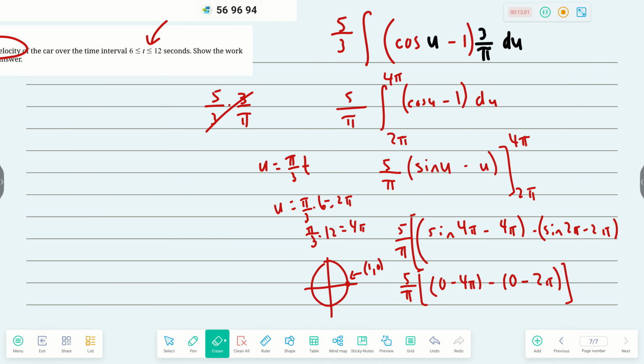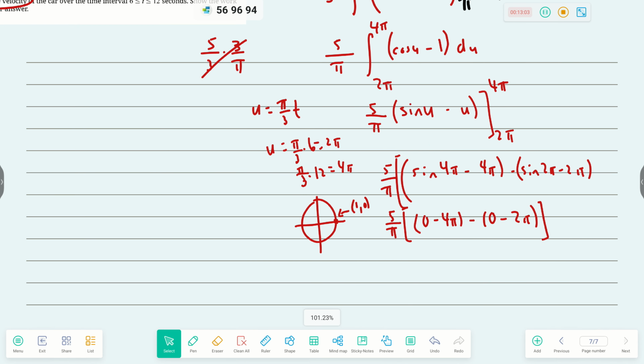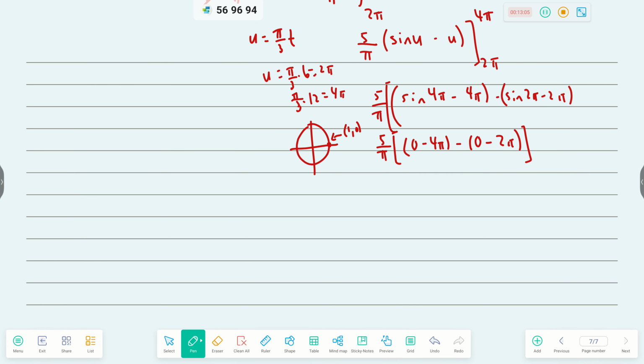Let's keep on going. Now I got 5 over pi. This is going to be negative 4 pi plus 2 pi. So 5 over pi times negative 2 pi. The pi's cancel, so I'm getting negative 10 after all that.